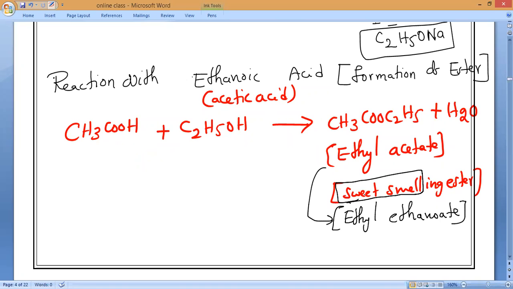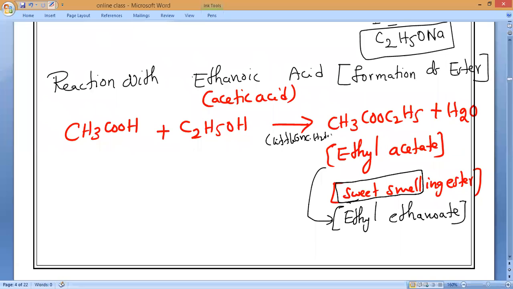Okay. So please remember, all of you, all the alcohols react with the carboxylic acid in the presence of little concentrated sulfuric acid to form sweet smelling esters. So here little concentrated sulfuric acid is needed. Please note it down.